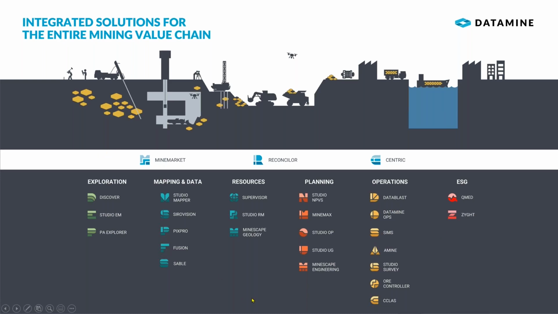And we have recently expanded this portfolio by purchasing Geovariance, which is already reinforcing our resources management suite. And we also acquired Auto, which is a ship management software, which reinforces our operation suite, all right? But today, we're here to talk about AutoScheduler, which is a solution that composes our mine planning suite.